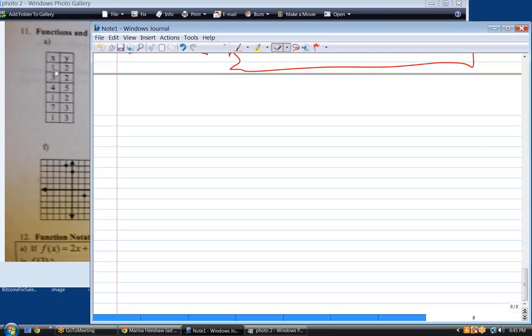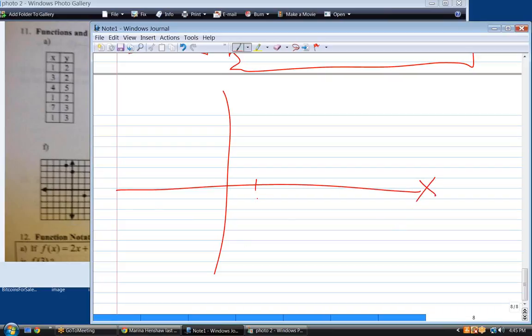That's still a function. But we've got 1 equals 2 there, and down here we got 1 equals 3. So if I was graphing that, I would go to the spot on the x-axis that's 1, and they're telling me, well, when x is 1, y is 2 in one case, and it's 3 in another. Well, immediately that violates the vertical line test.